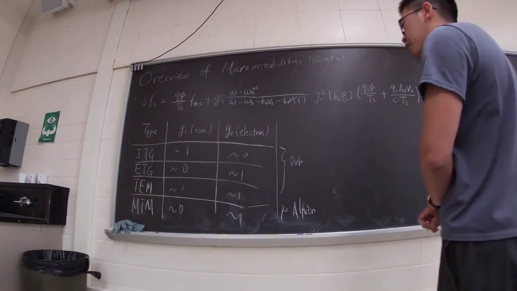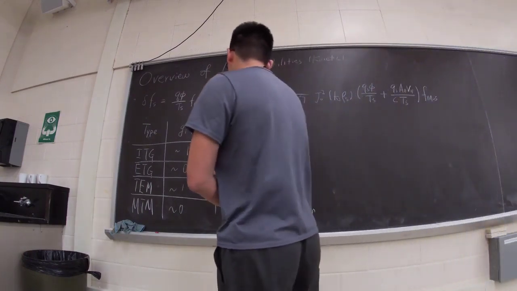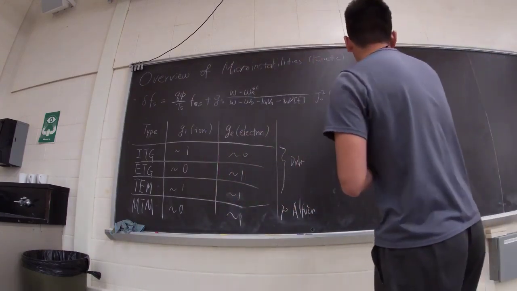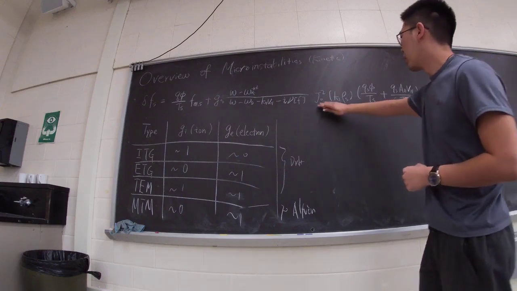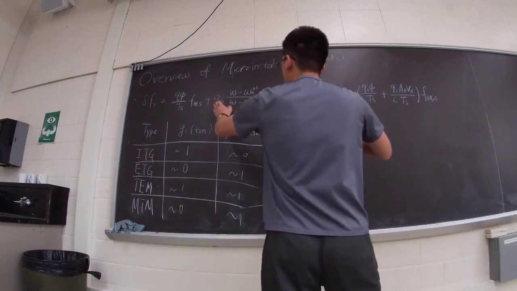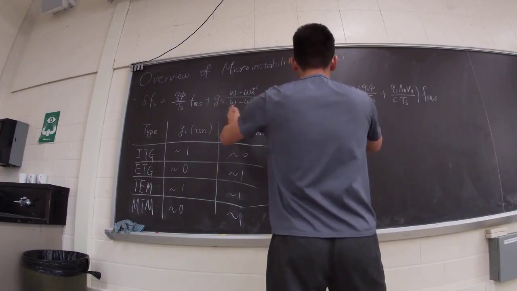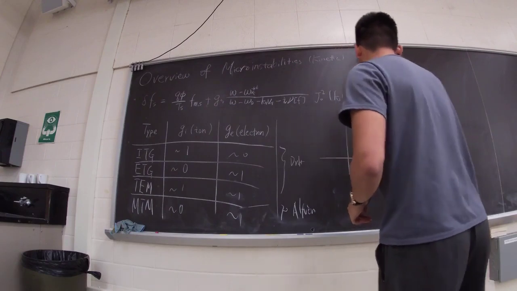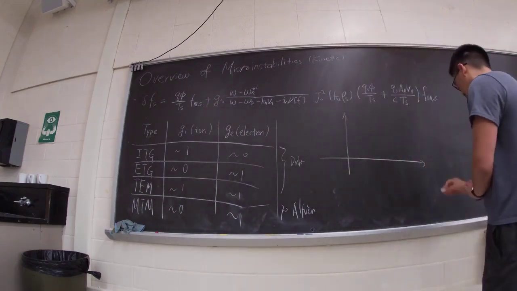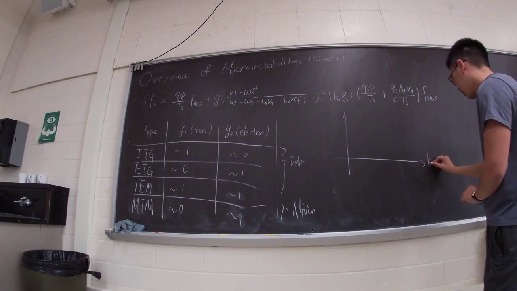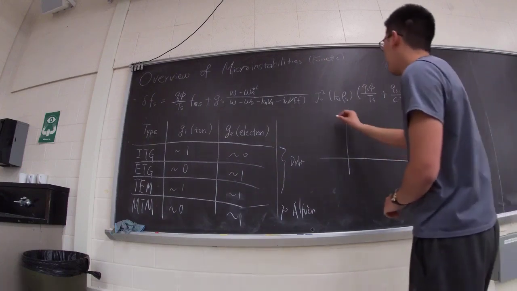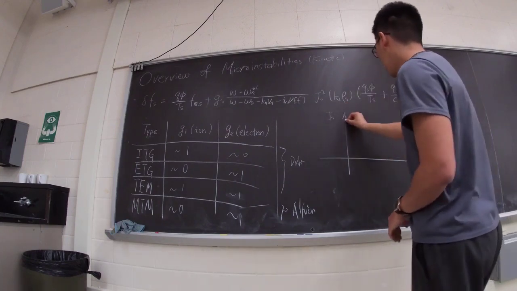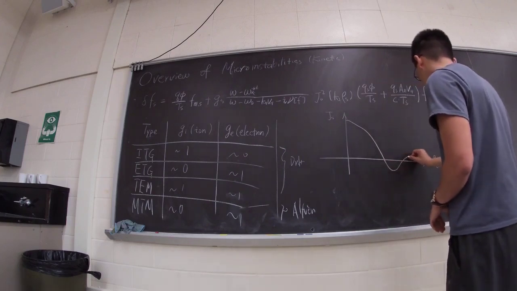So to have an intuitive understanding of why those portions are adiabatic or not adiabatic, we can look at this term. Actually, this can be absorbed into this term. I think it will be easier to see this way. So if we have k perp rho_s, and we plot J0 squared, we'll have something like this.